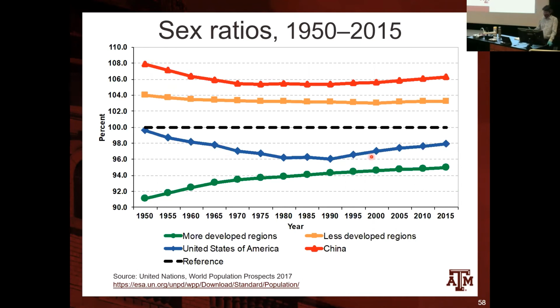The idea here is to show that those countries, or groups of countries, that are below 100 have more women than men.